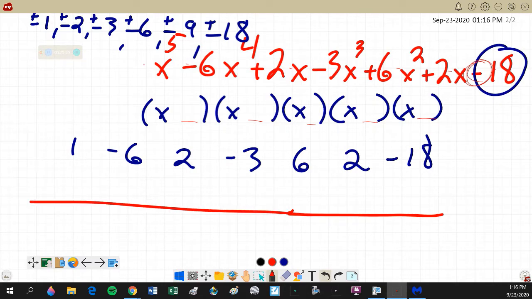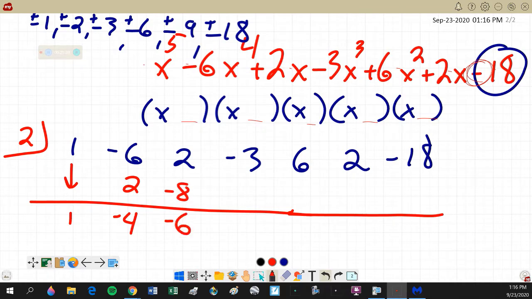Well, you're going to see that you get some help. Okay? So, drop the 1, 2, and we get negative 4. So negative 8, negative 6, negative 12, negative 15. Now, it's not going to work, but we need it to work, so just pretend.